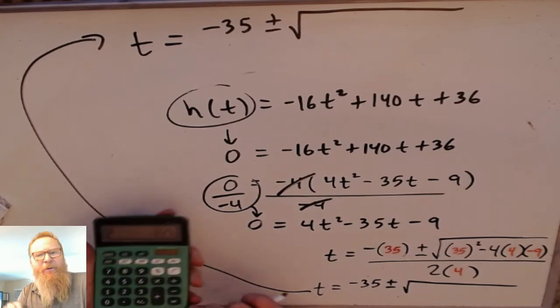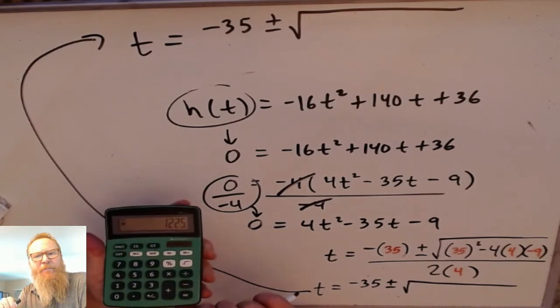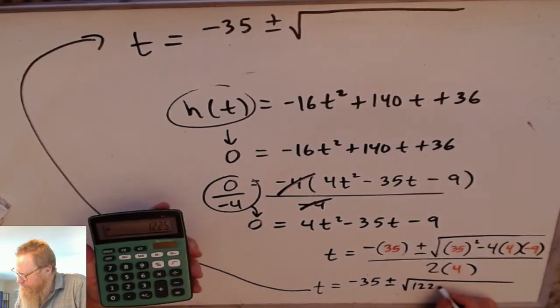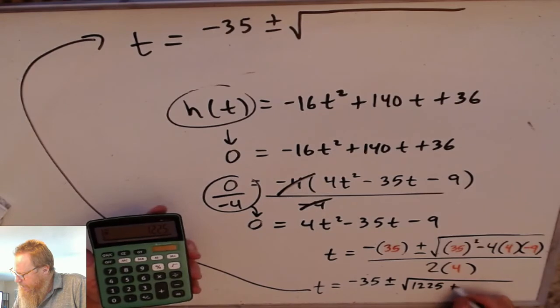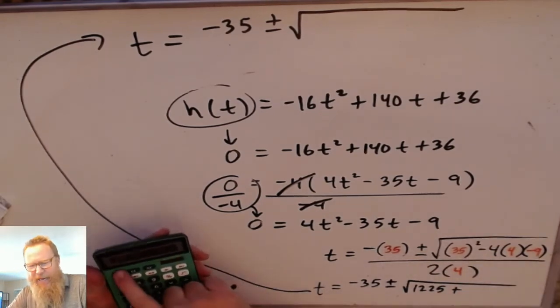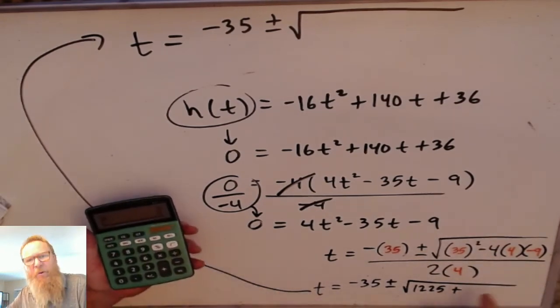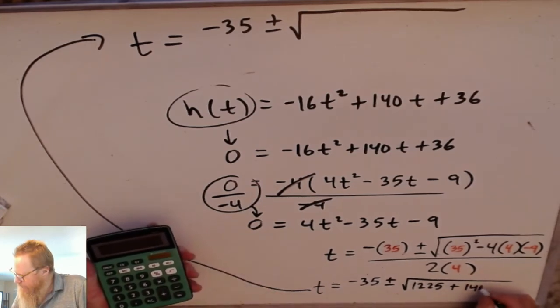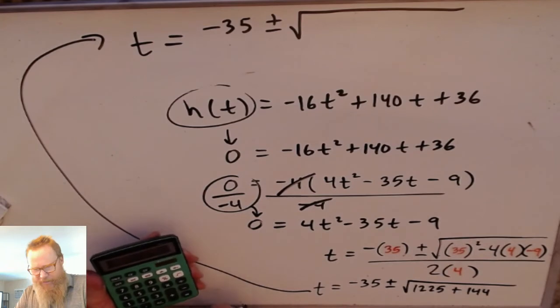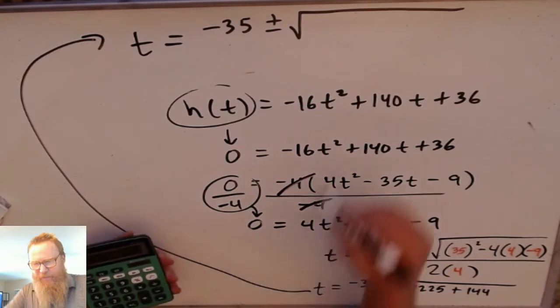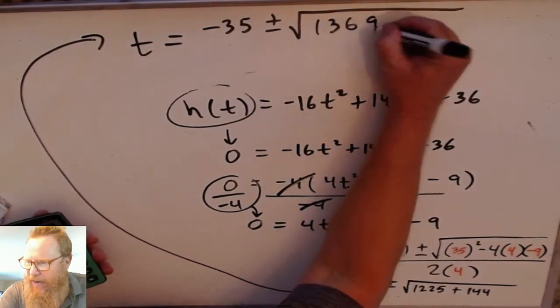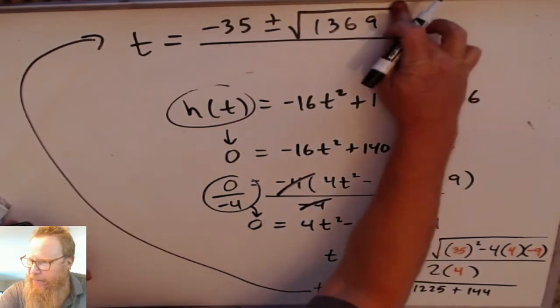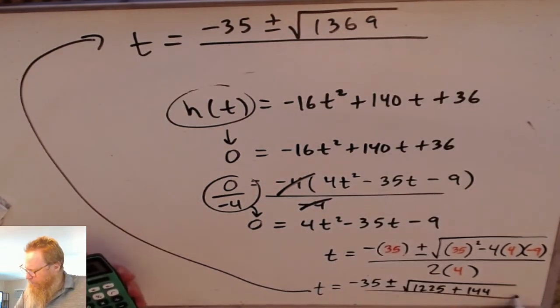I'm using my old bill calculator. I use this one to do my bills. Negative is a positive. 4 times 4 is 16 times 9 is 144. So plus 1225 equals 1369, over 8.